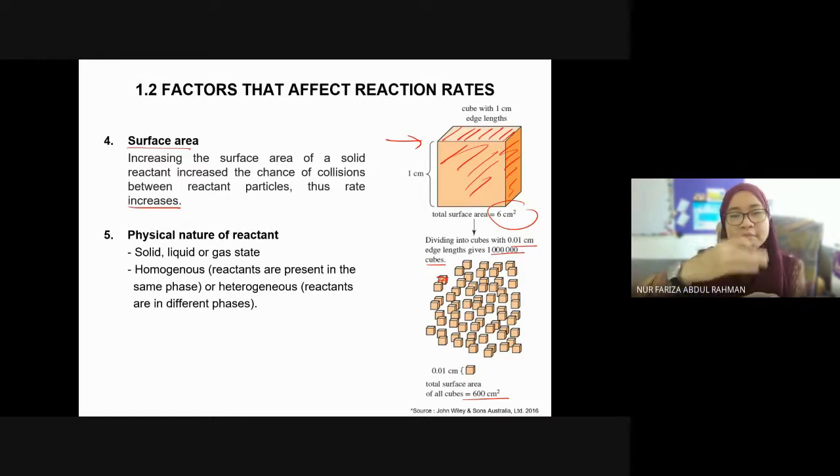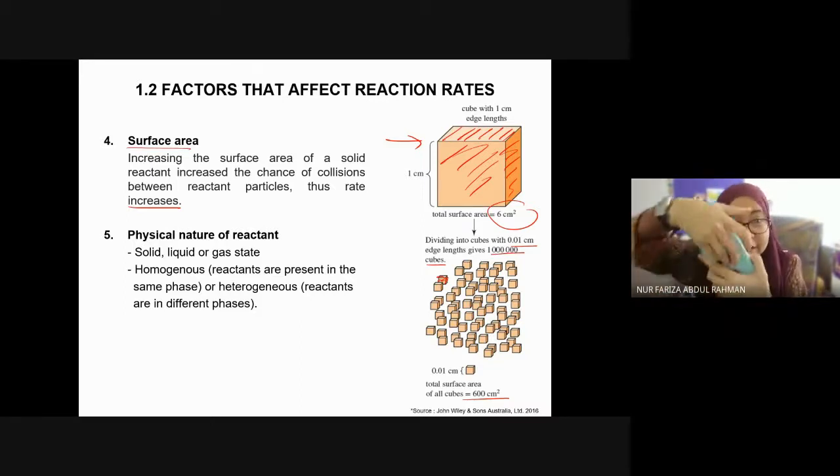So the one that is being exposed will be the surface area that will provide the area for the collision to take place. So solid dia yang expose lah, ni kata saya punya handphone kan. Saya ada atas ni, tepi, bawah yang expose saja.